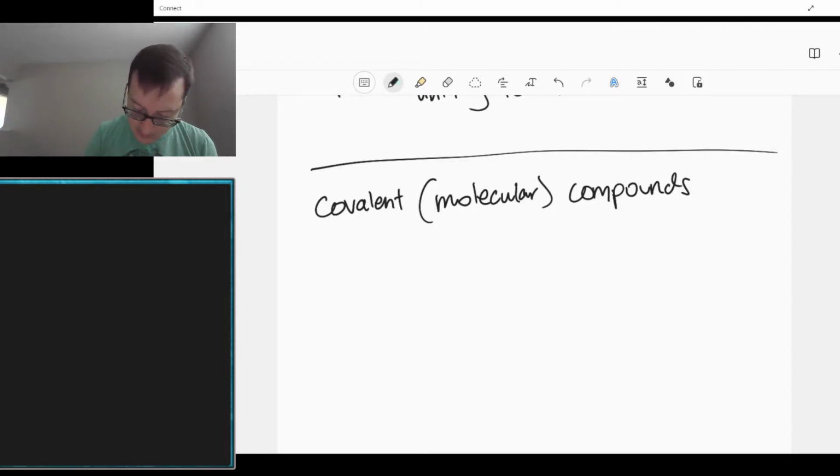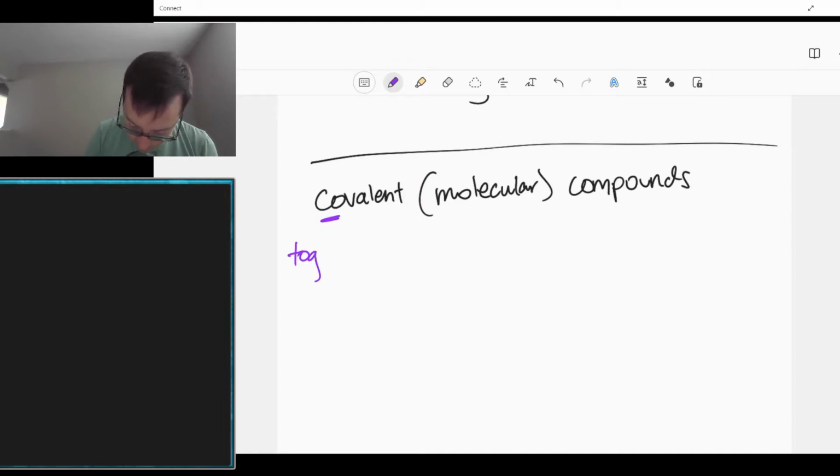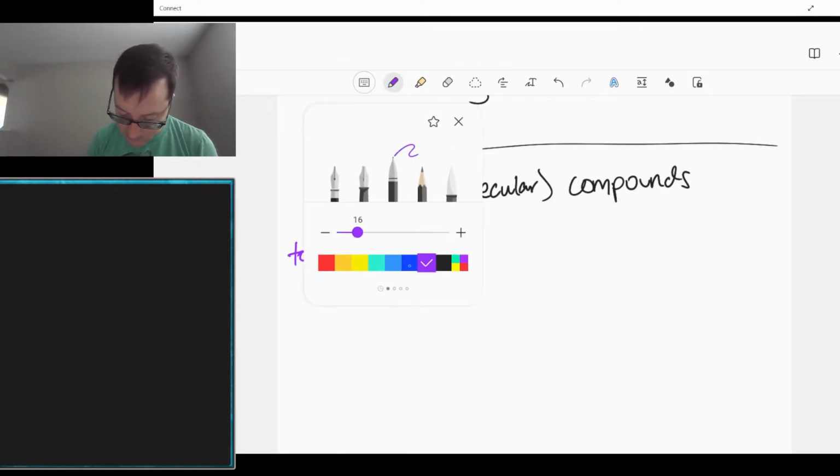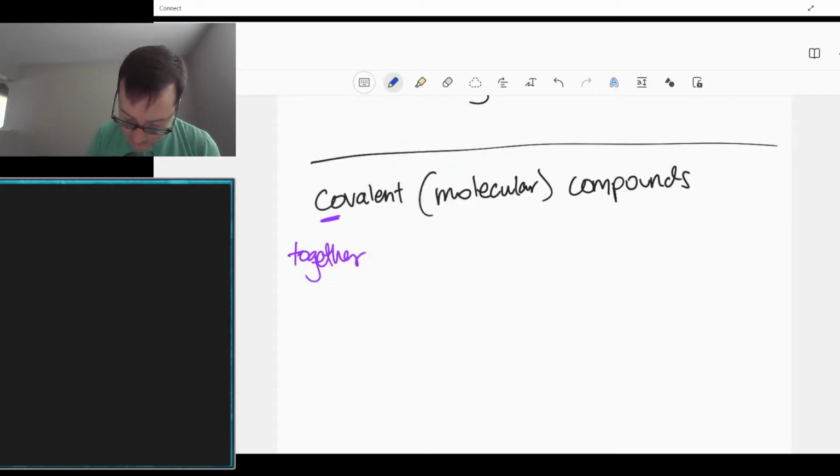We're going to see that the word covalent, co means together, right? Cooperate. There we go. Operate together. That is what cooperate means, right? Valent refers to valence electrons.